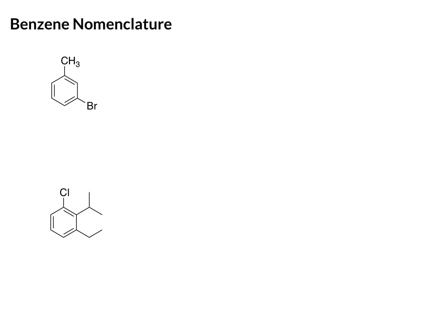Okay, here's our first example. We have the benzene ring, but what you want to spot is that one of those common derivatives is present. So it's not just a benzene, but instead we have toluene.